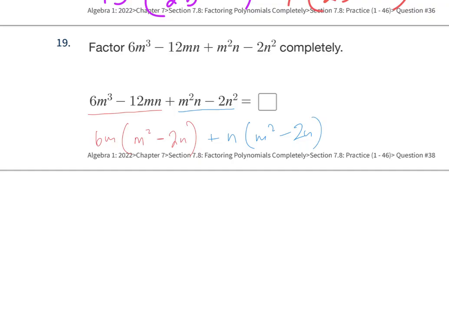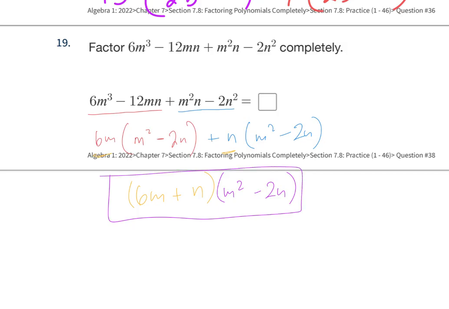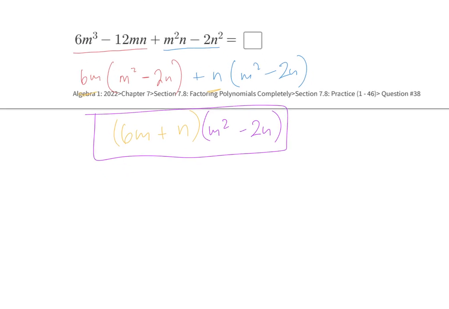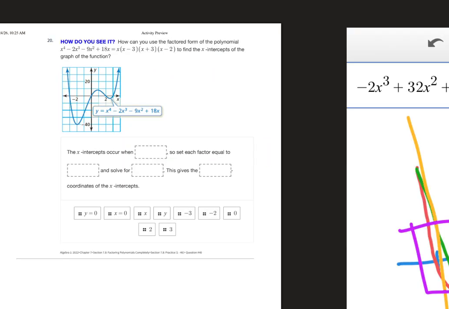Okay, seems all right. So I get 6m plus n. That's this piece and this piece. The rest is m squared minus 2n. And that is done because, again, we're kind of inspecting, are we really done? That can't be factored further. That can't be factored further. And if you're like, but that's squared, this is a perfect square. This is not.